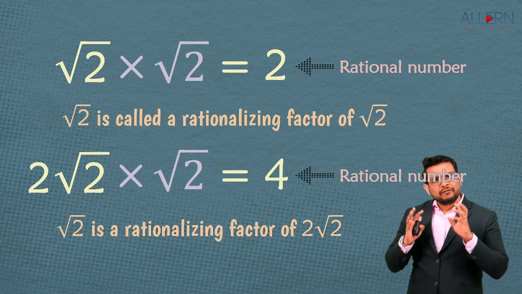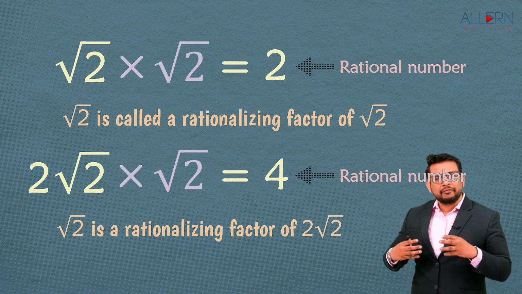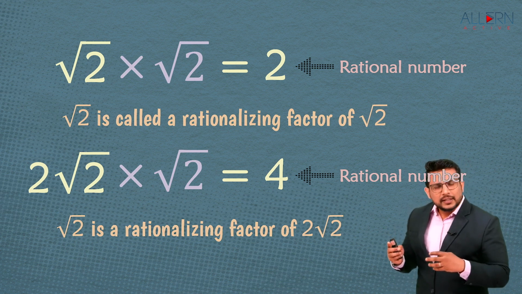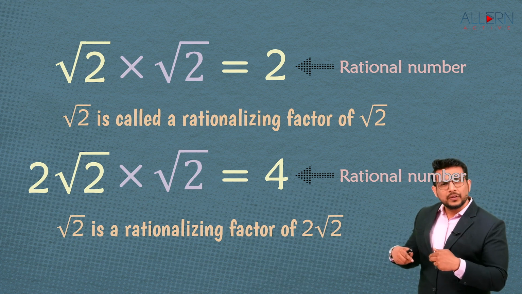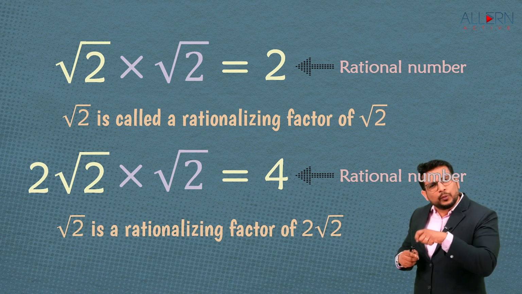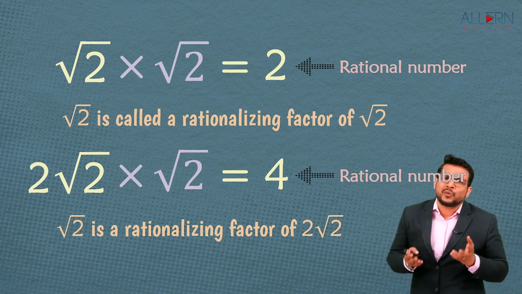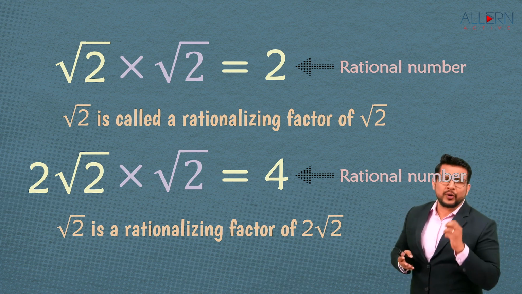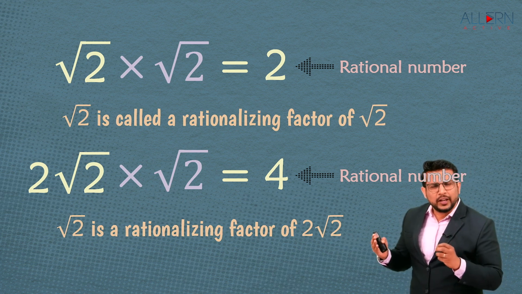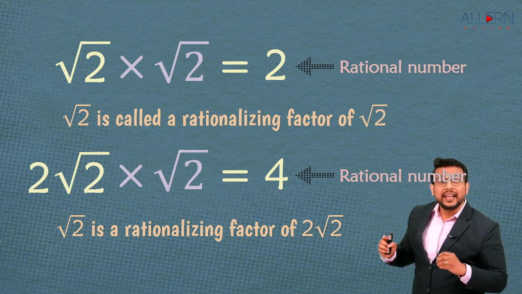Now let me tell you one very important fact about the rationalizing factor. For the second one which we took, we can take 2 root 2 into 2 root 2. That means 2 root 2 can also be a rationalizing factor. If you multiply that, again you get a rational number. I'll give you one more example. Instead of root 2, even if I multiply by root 8, you still get a rational number.